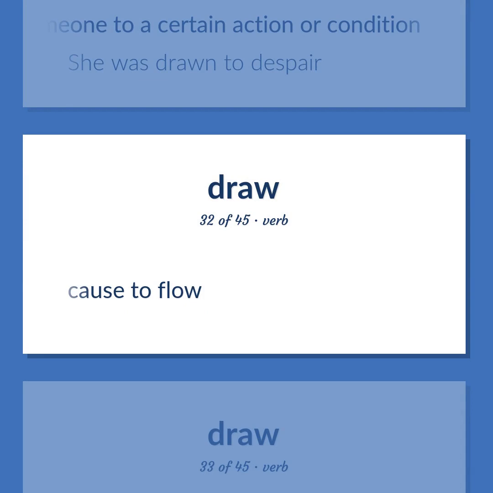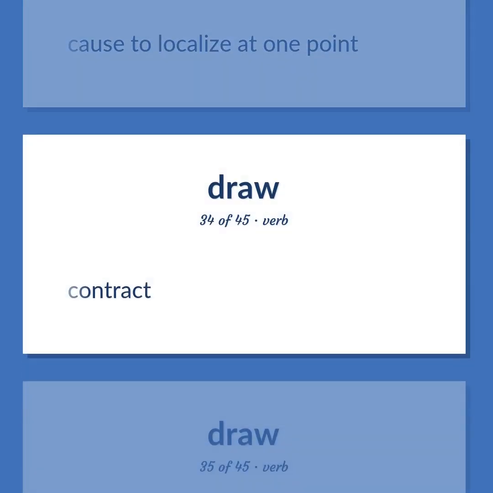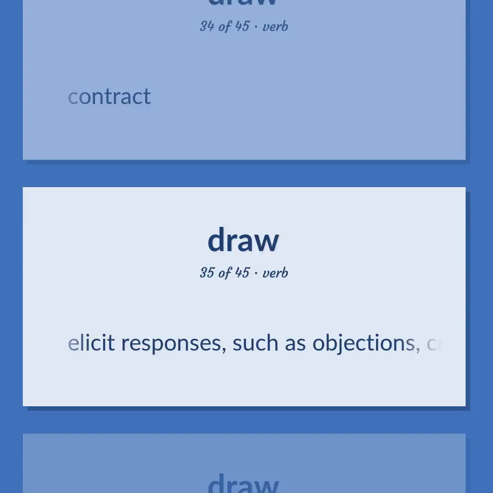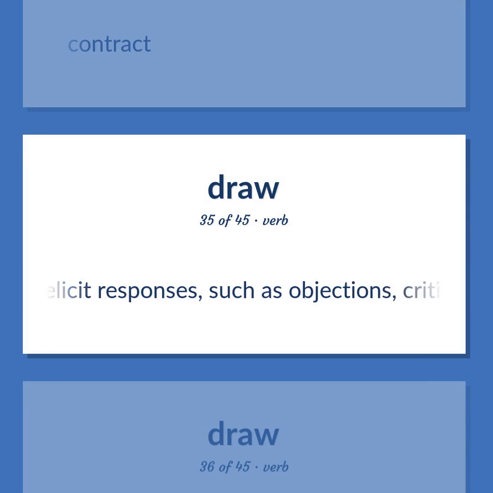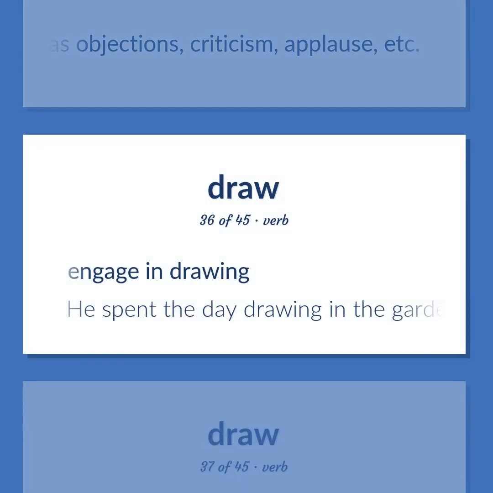Cause to flow. Cause to localize at one point. Contract. Elicit responses, such as objections, criticism, applause, etc. Engage in drawing. He spent the day drawing in the garden.